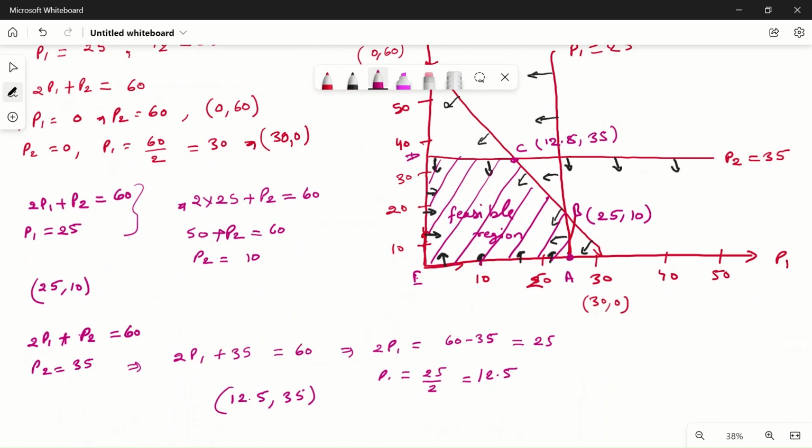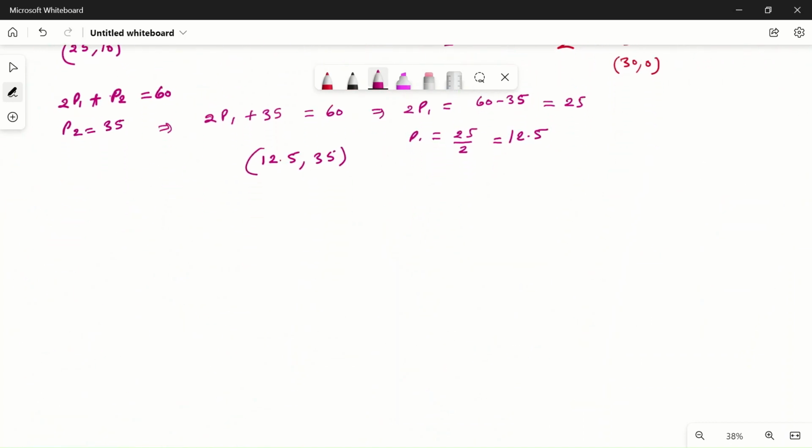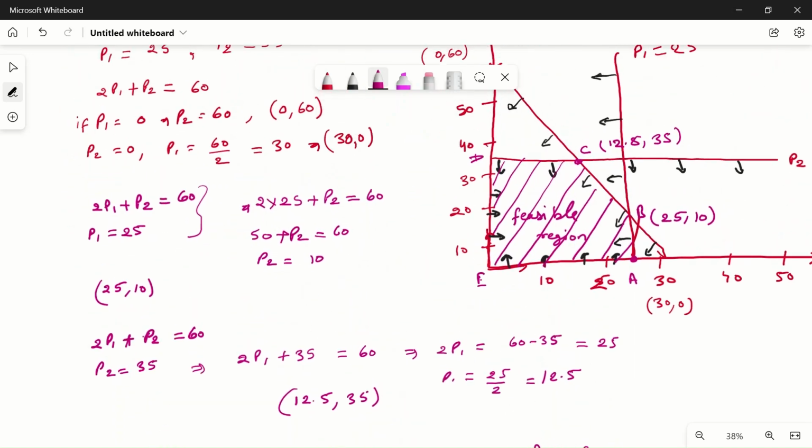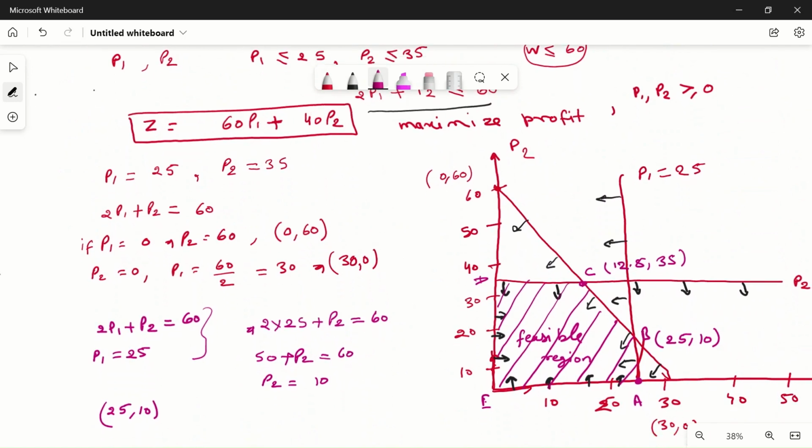Now we will try to maximize our profit. So we will write the extreme points, then we write coordinates, then the value of the objective function, which is z is equal to 60p1 plus 40p2.